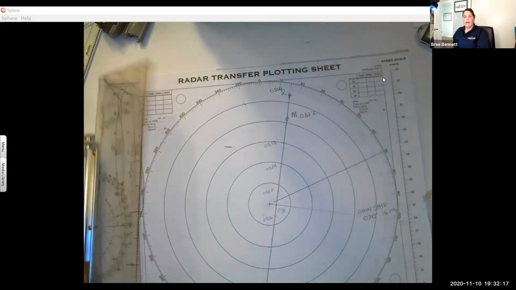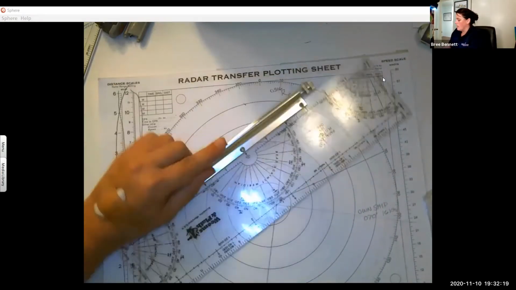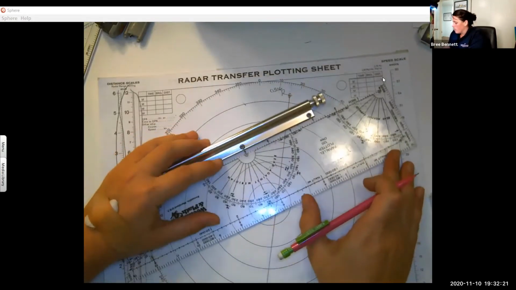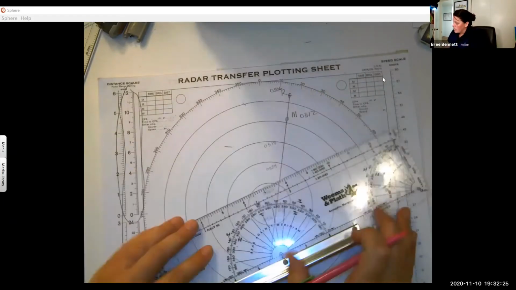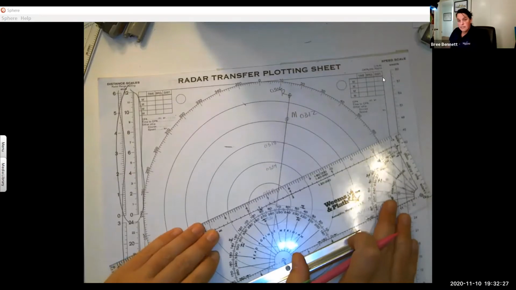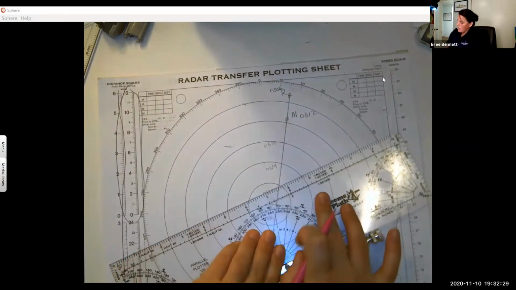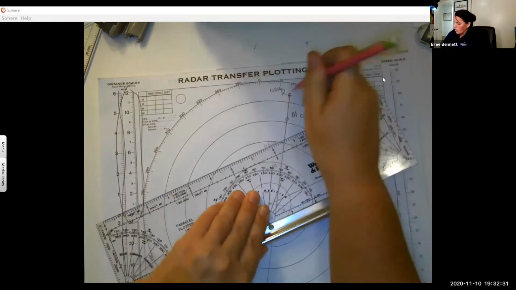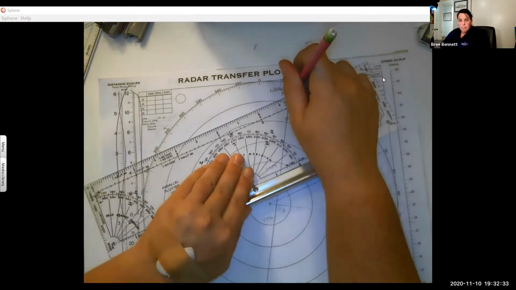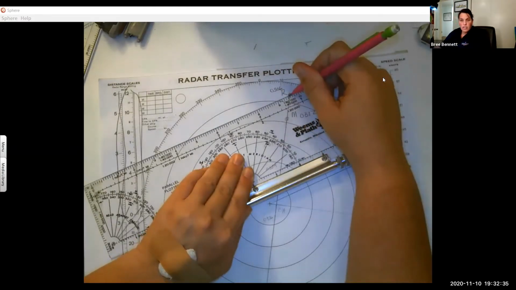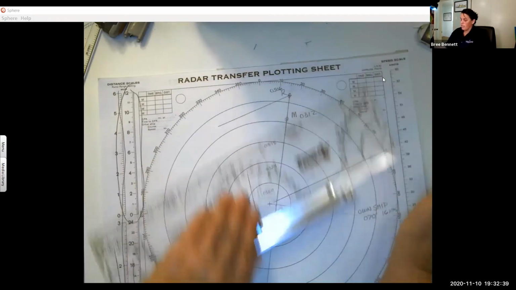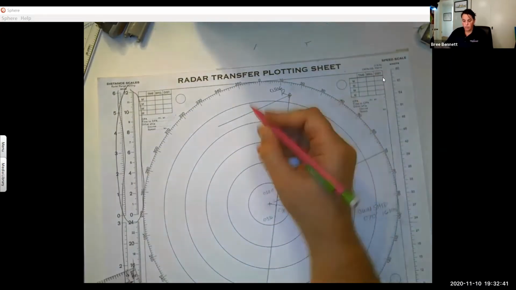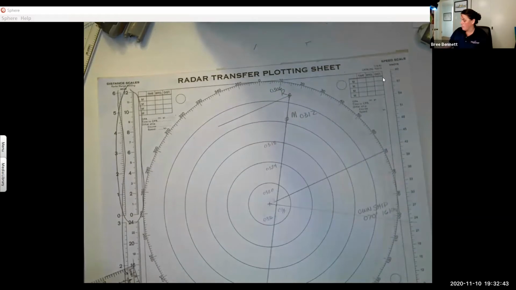Okay, so I am going to parallel my 070. My 070 line, that's my course. I'm going to bring it up to the R. So I'm going to put my pencil on R, and I'm going to parallel my course. Now I need my start point.